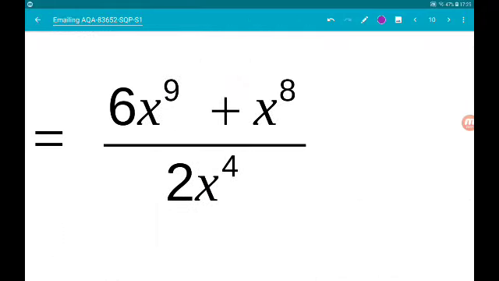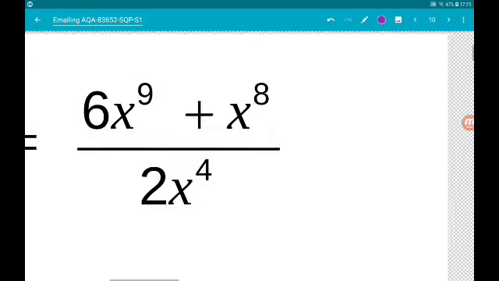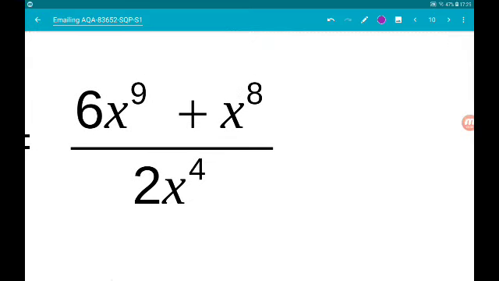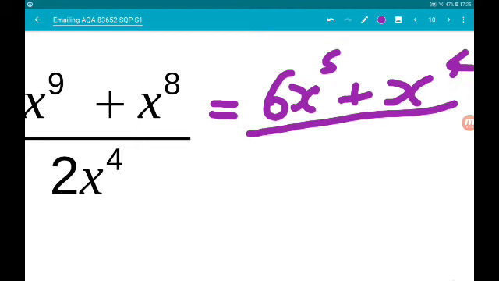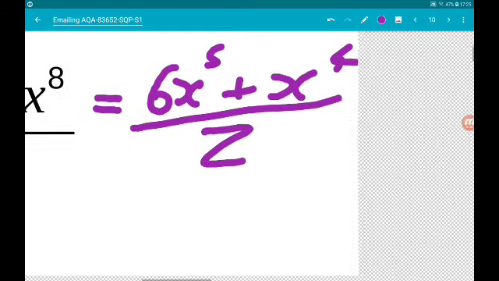There is a common factor of x to the power of 4 here, so we can divide everything through by x to the power 4. So if we do that, we get 6x to the 5 add x to the 4 all over 2.